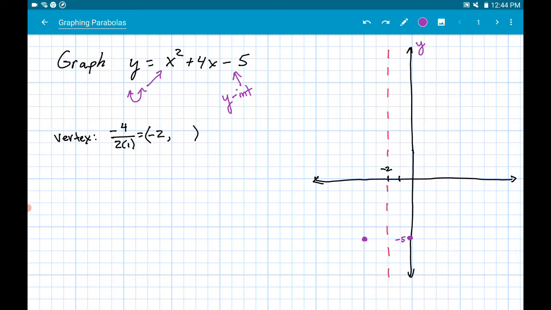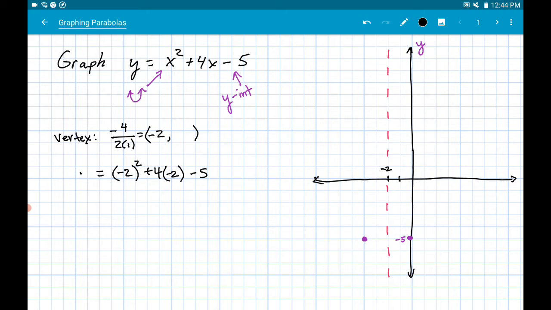All right, because it opens up, I'm guessing that the vertex is going to be somewhere down here, but we actually have to find that y-coordinate. So, best way to do that is to essentially take our quadratic, x squared plus 4x minus 5, and I'm going to plug in my -2.